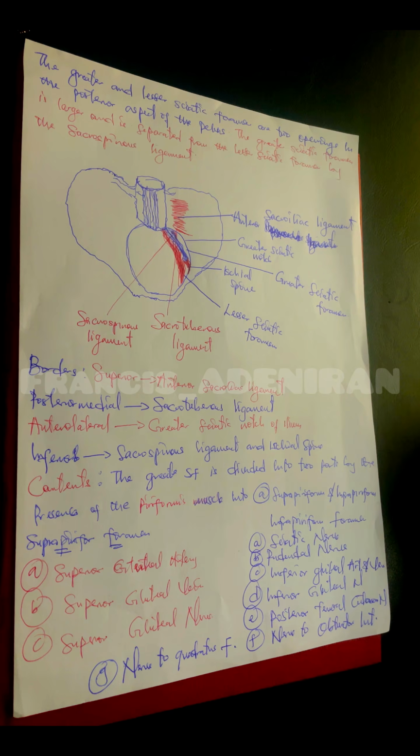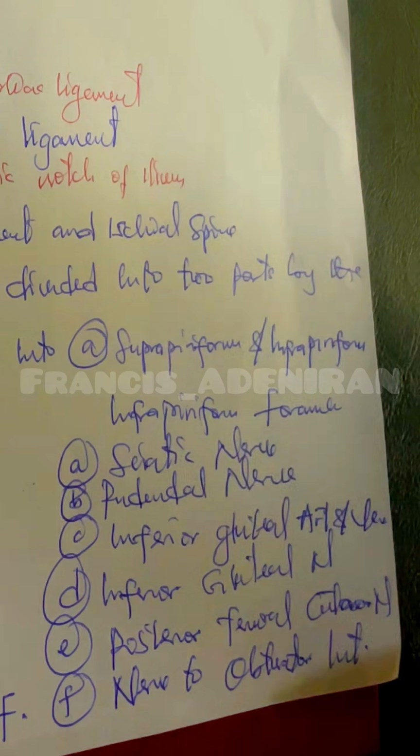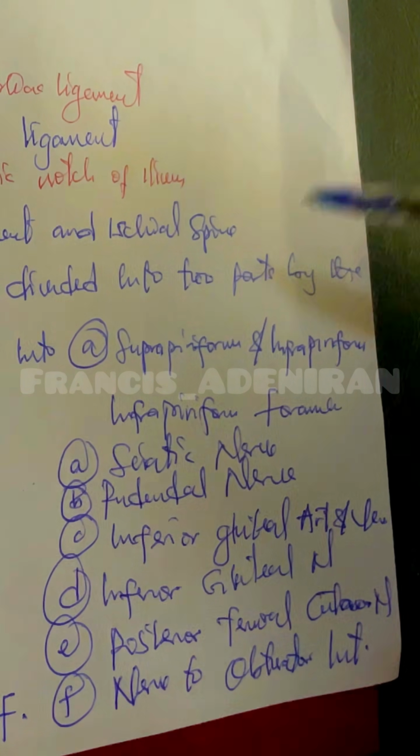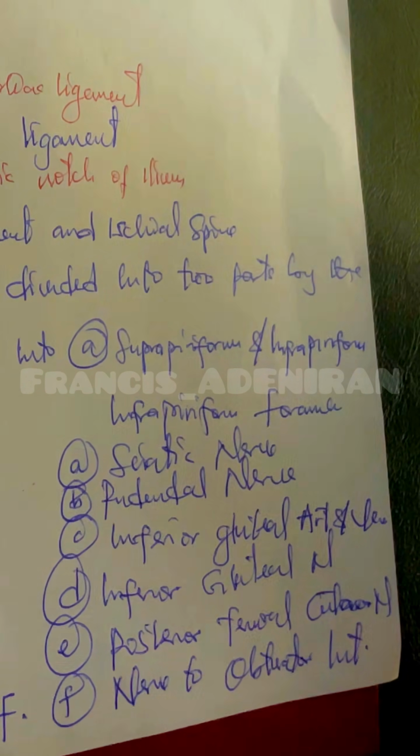So let's go to the contents of the infrapiriform foramen. Number 1 is the sciatic nerve. Number 2 is the pudendal nerve. Number 3 is the inferior gluteal artery and inferior gluteal vein. We have the inferior gluteal nerve. We have the posterior femoral cutaneous nerve.